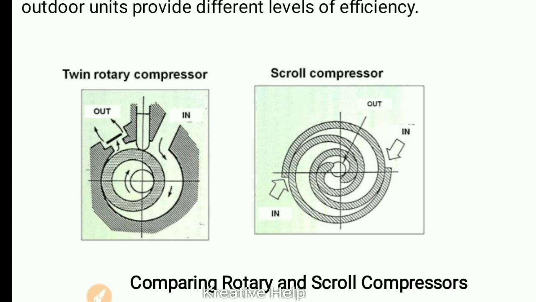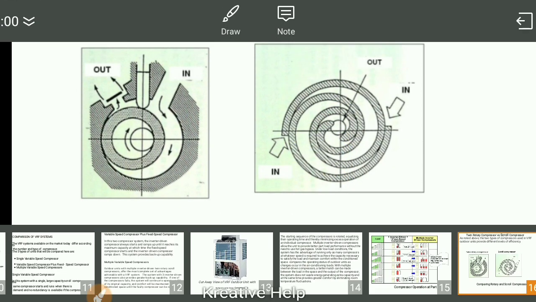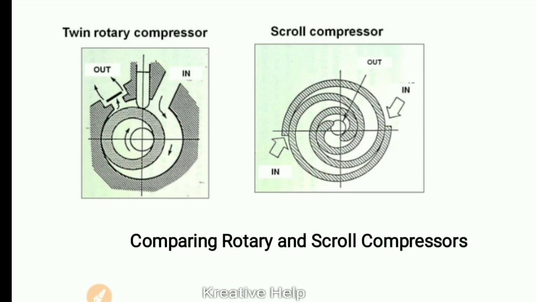A scroll compressor is something like scrolling, where one part is moving in and there is the out. So this is the scrolling type of compressor. You can see the rotary type of compressor, where the rotating part is inside.